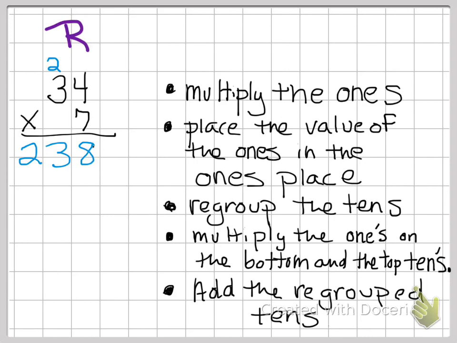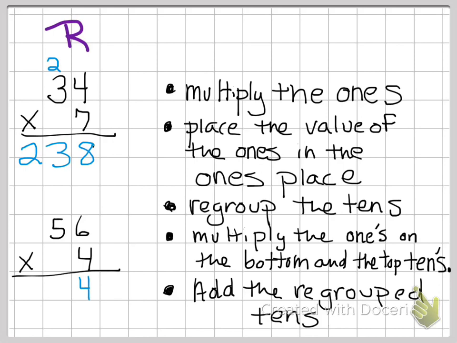I'm going to show you another one right underneath. Let's do 56 times 4. I will multiply the ones. 4 times 6 is 24.